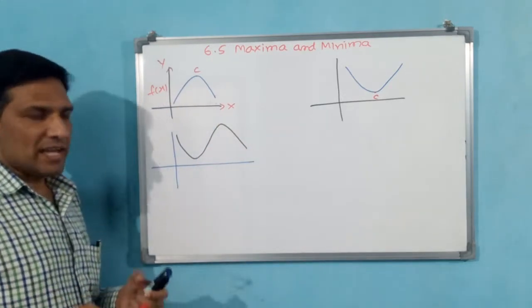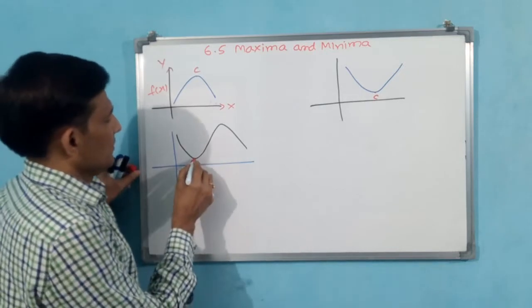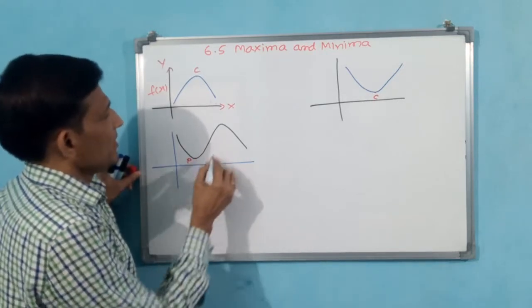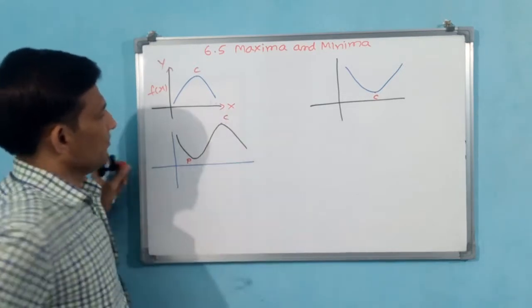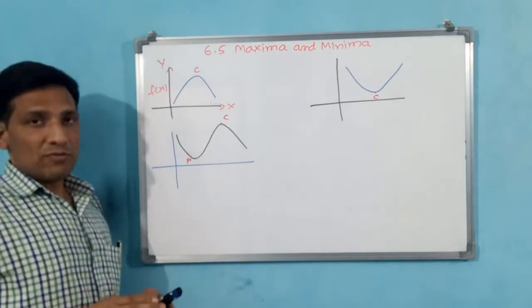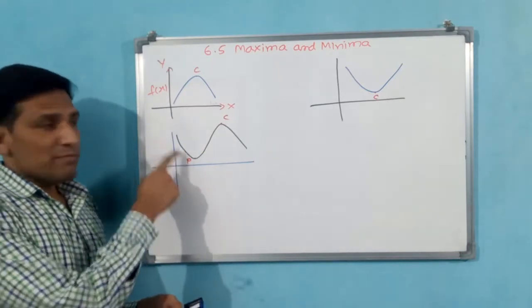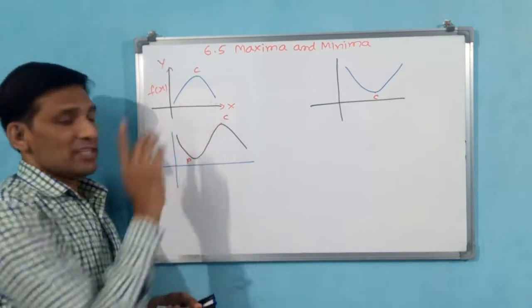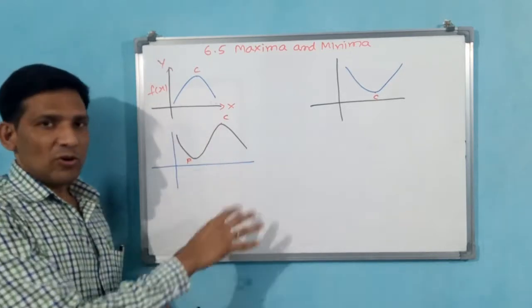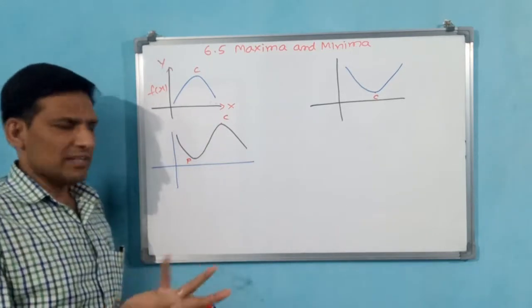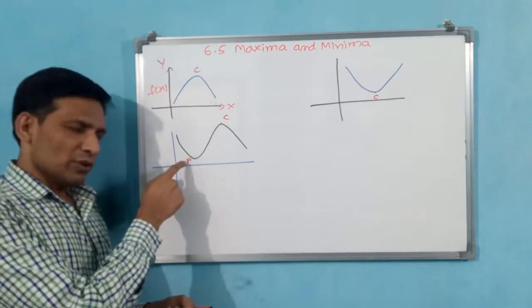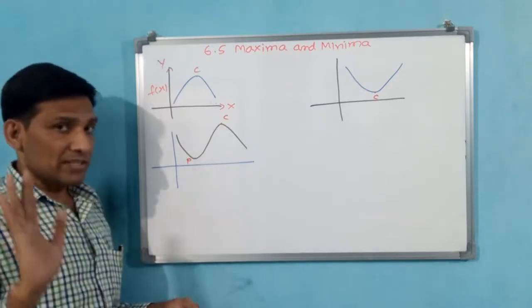Now some points I am writing. P, C. Now see, P is the minimum value, C is the maximum value. In this graph, meaning function, both minimum and maximum values are existing.